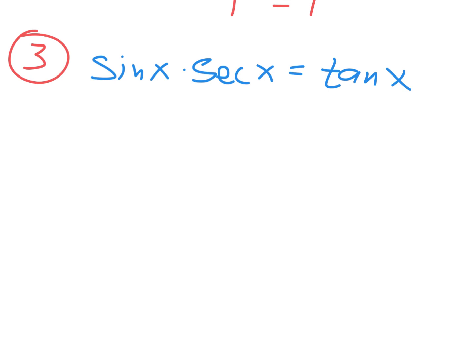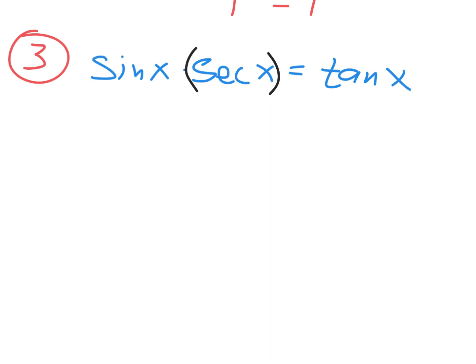I have a hint for you, and this is a good hint. If you can just think about changing everything into sines and cosines, then stuff will tend to cancel, and it works really well. So this is not a sine or a cosine, but I can change it into either a sine or a cosine. If it was tangent, I could even change it into sine over cosine.